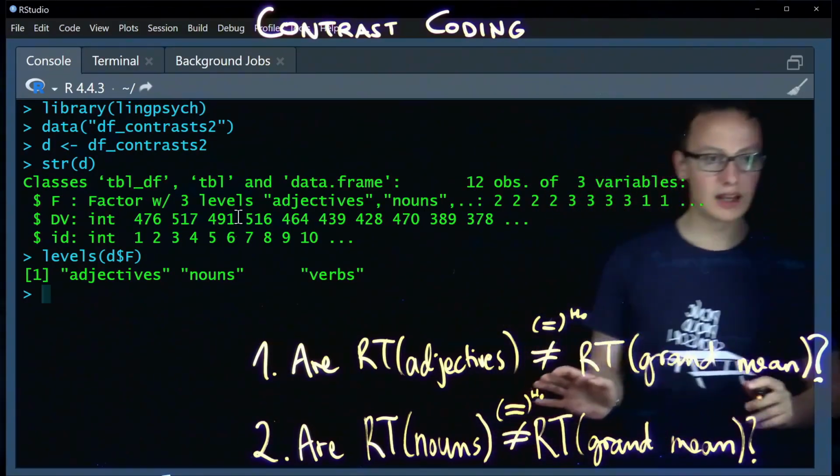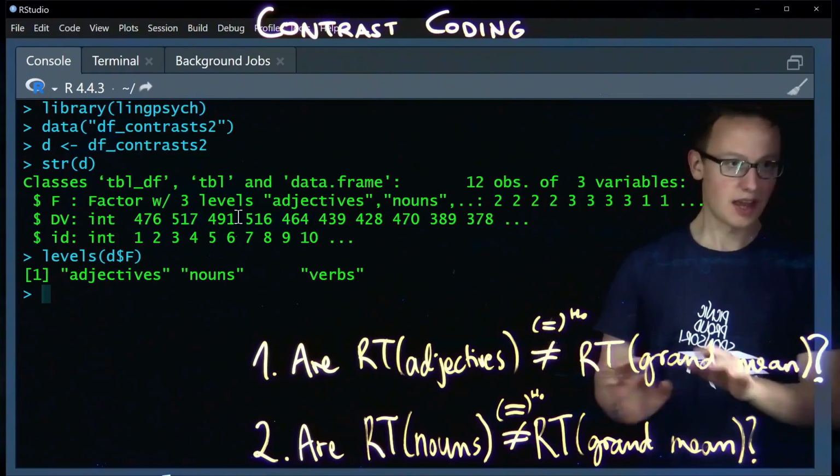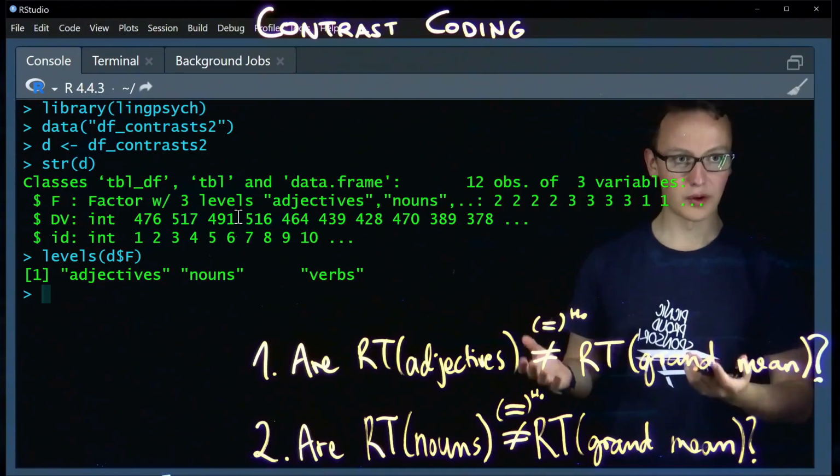So if I want to write down what these null hypotheses are saying as simple mathematical equations, I could write the following.